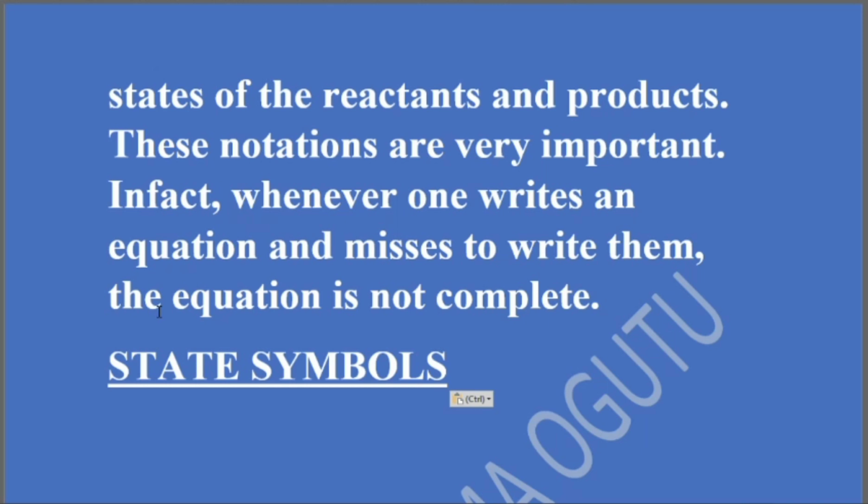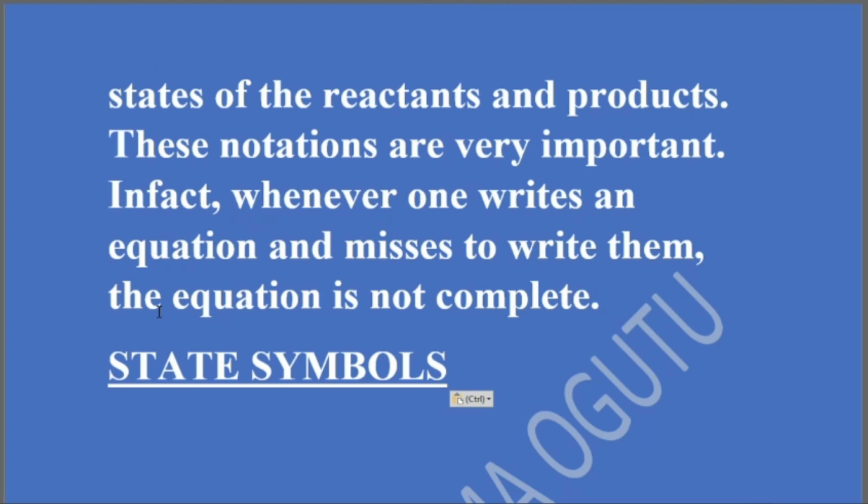Remember, we have different state symbols. There are physical states of these compounds or elements. They can either be solid, and we use an s to note solid. We have liquid, we use l. We have aqueous, we use aq. Remember, we always use small letters.